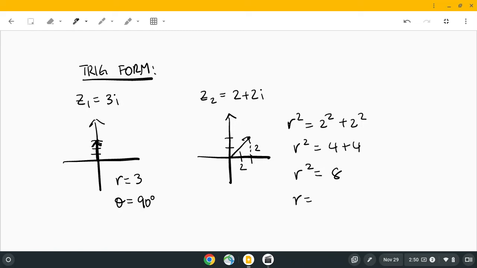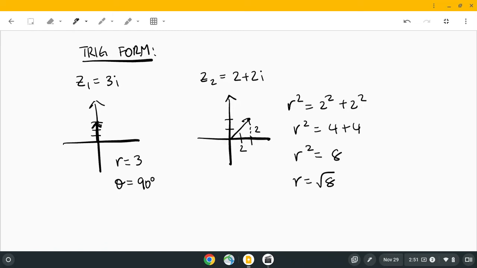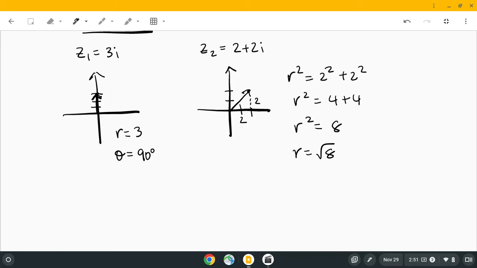So r equals square root 8. I'm just going to leave it as square root 8 for now. Theta equals tangent inverse of y over x. So tangent inverse of 1, that's going to be 45 degrees.